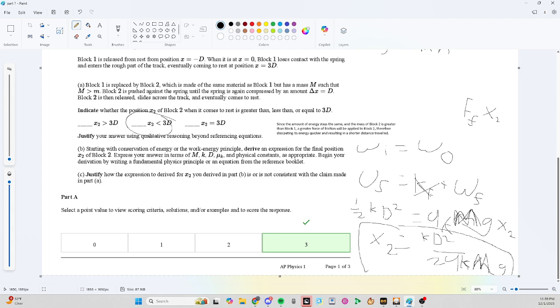And this is true because, as you can see here, the distance x2 is inversely proportional to the mass M, meaning that the greater the value of the mass, the lower the value of x2 should be. So it is consistent.